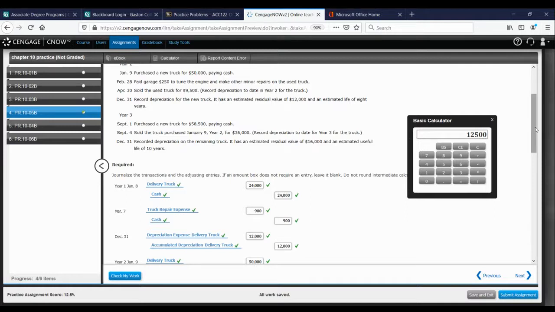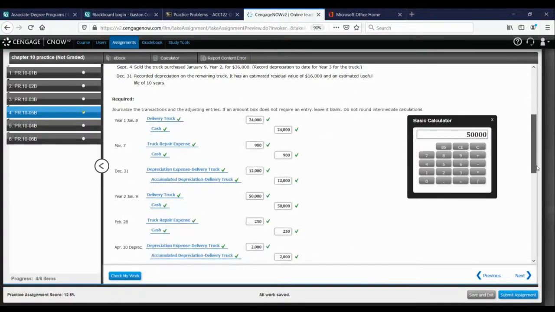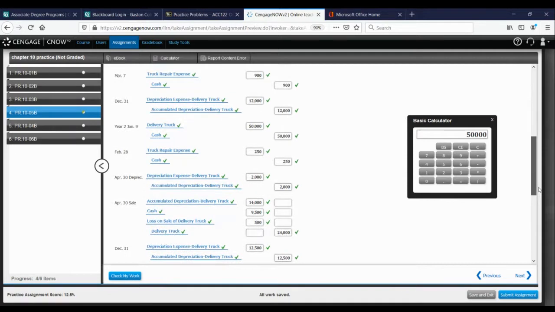You might remember that when we purchased the asset, the second truck, we bought it for $50,000. We would subtract the depreciation at the end of year 1, or actually at the end of year 2 since it was bought in year 2.